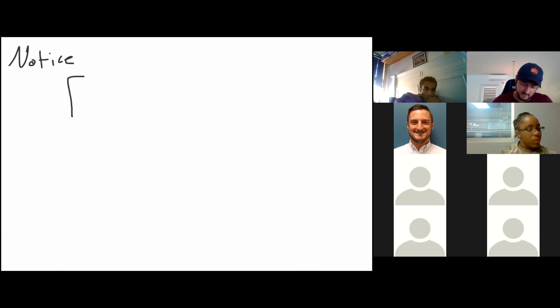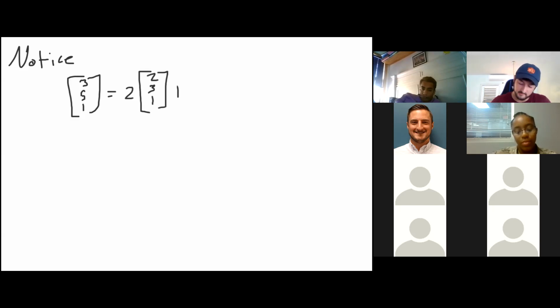If you look at this, you can either do this through row reducing and you'll see what vectors you need to look at. But that last vector, 3, 5, 1, is actually just 2 times the first vector plus -1, or subtract, the second vector.